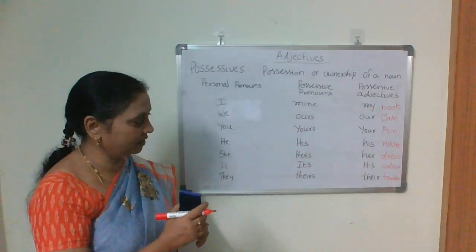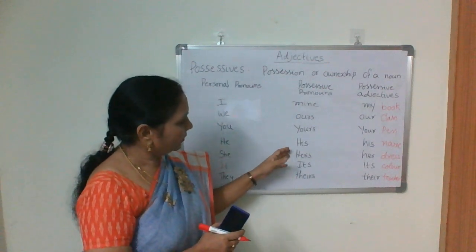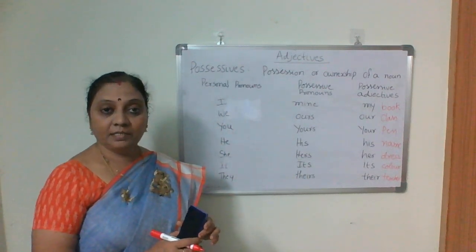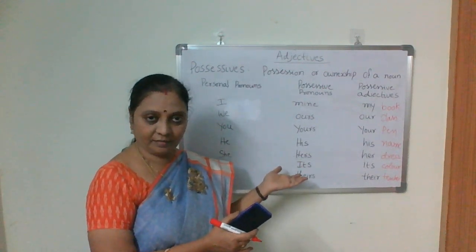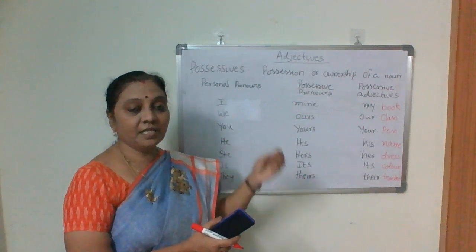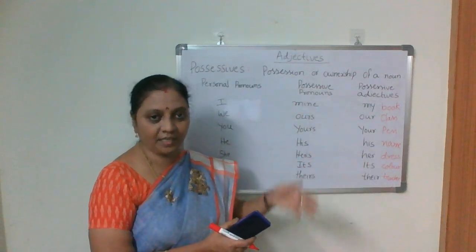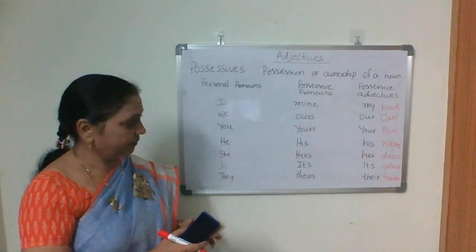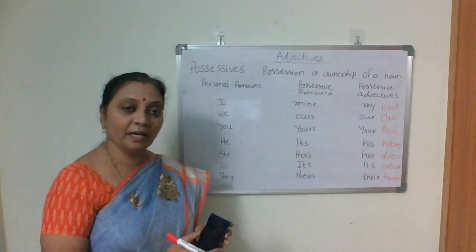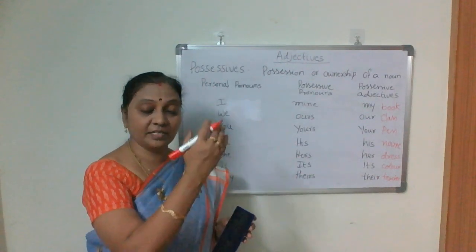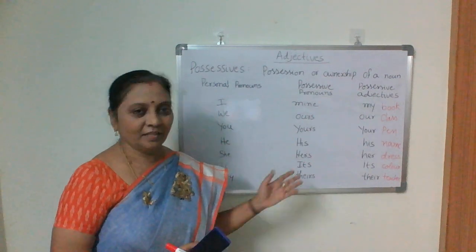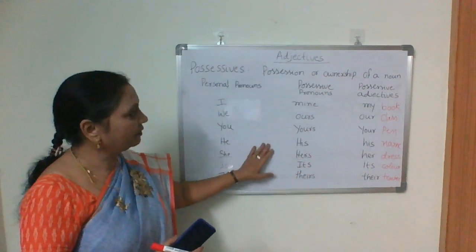So see the difference. Okay. This shirt is his. Okay. This is his shirt. Similarly, that is her dress. That dress is hers. See, okay. This is the way we do.